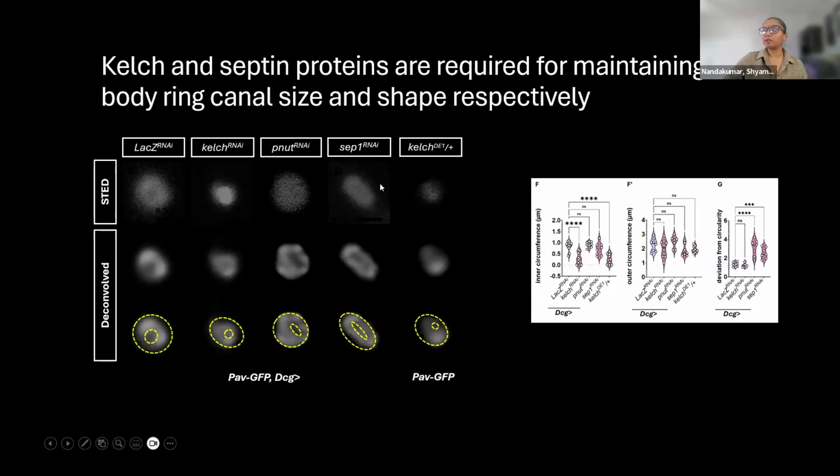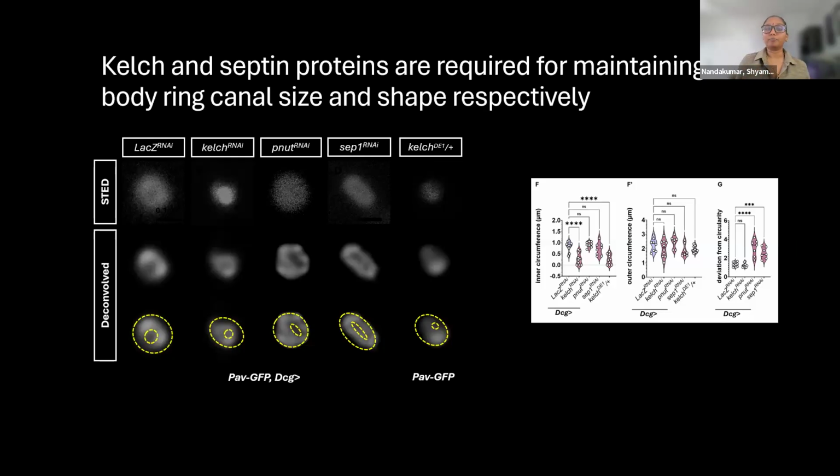Peanut is septin 7, and even a heterozygote of Kelch. So depletion of Kelch does close the ring canals. The inner diameter of the ring canals becomes much, much smaller. Whereas when I disrupt septin proteins, the ring canal size doesn't change, but the shape changes.